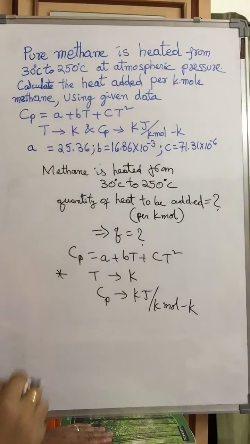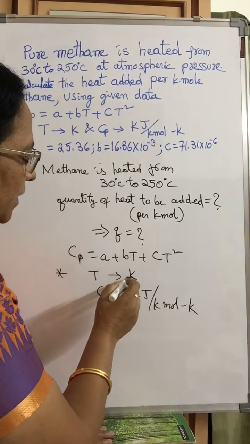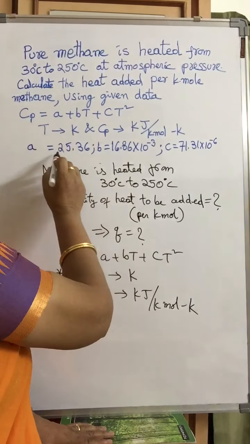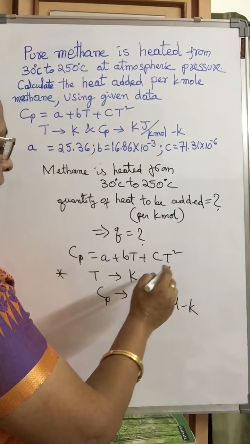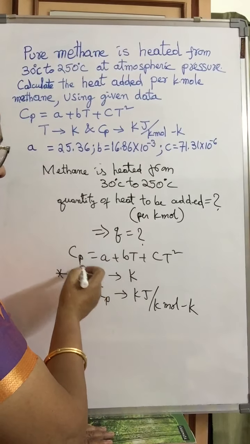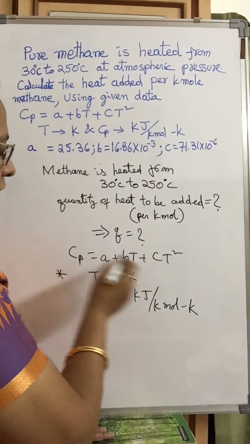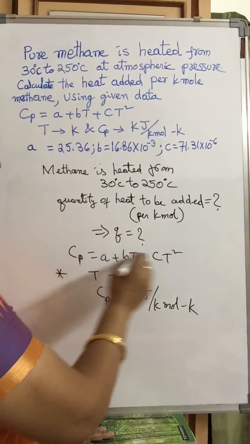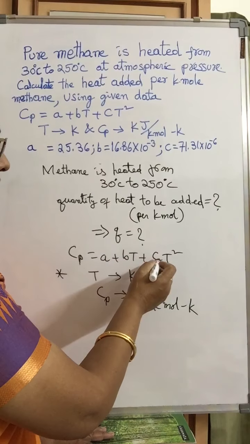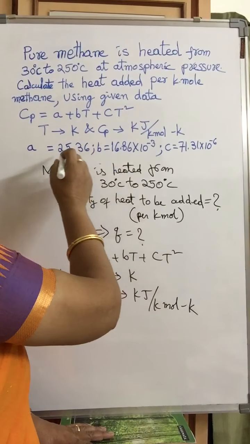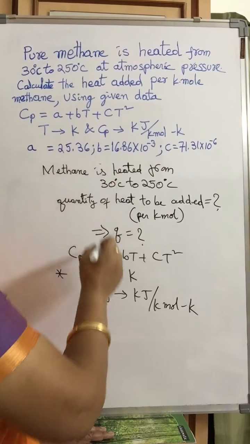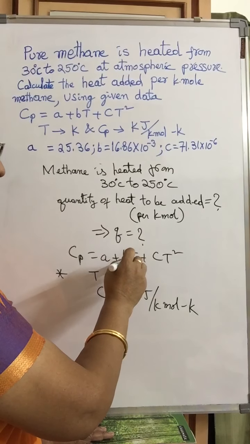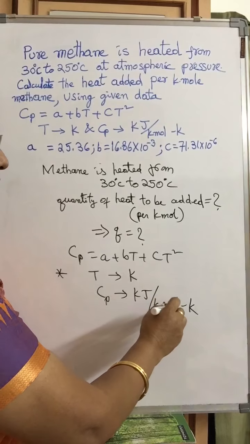Next, after substituting temperature in Kelvin and the given A, B, C values, the units of Cp will be fixed, you can't change them, because these are constant values. Suppose A is 25.36; A is 25.36 only when T is in Kelvin and Cp is in kilojoules per kilomole per Kelvin.